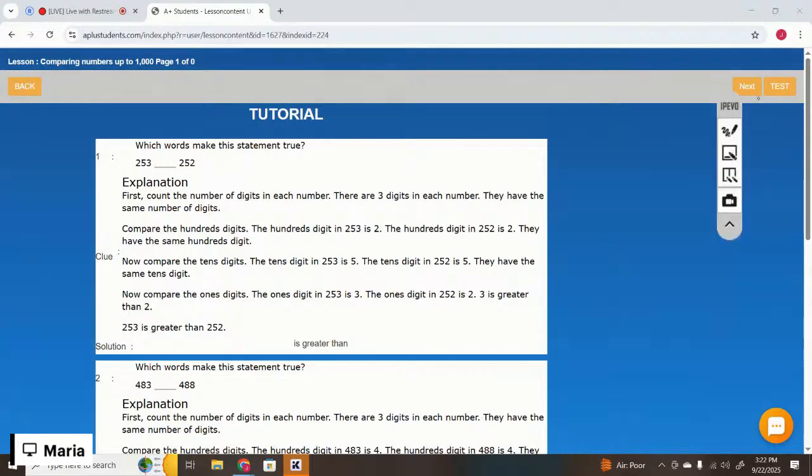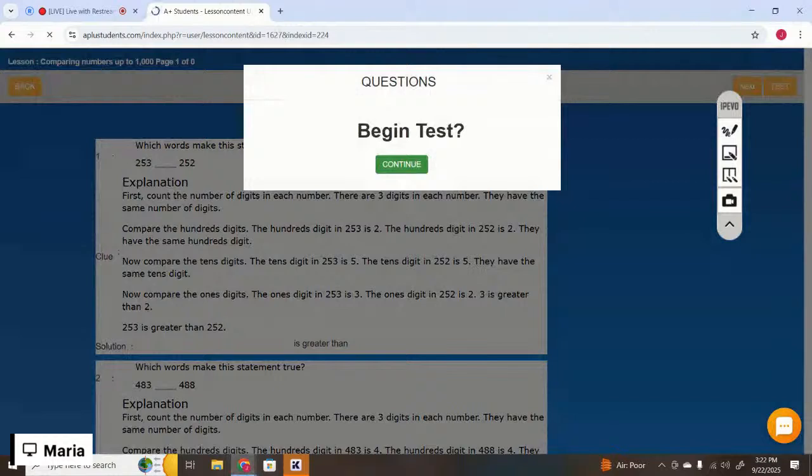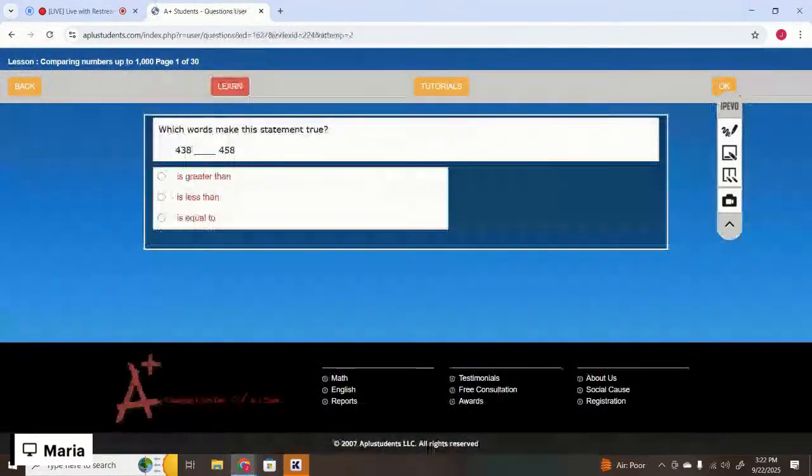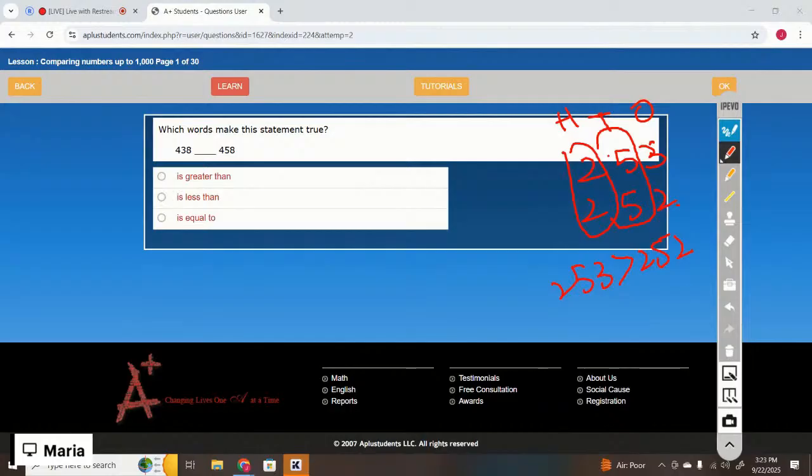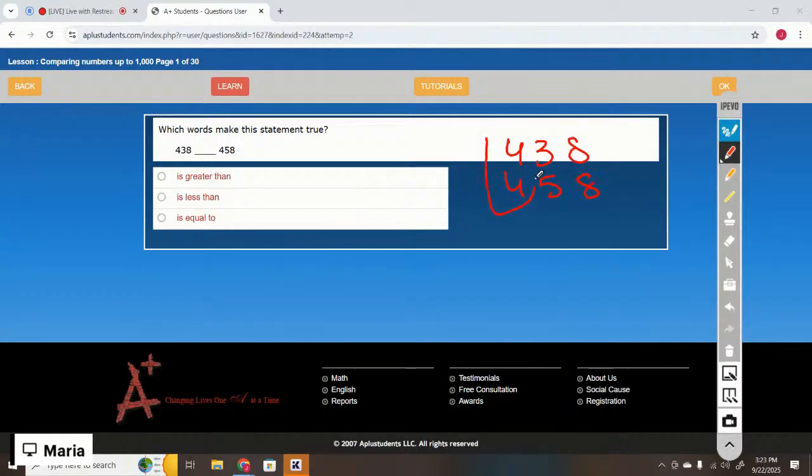Let's start the test questions. Which words make the statement true? 438 and 458. The hundreds digits, 4 and 4, are exactly equal.